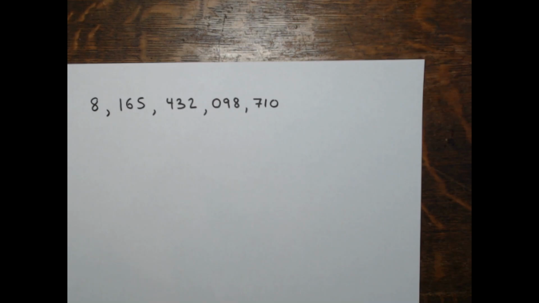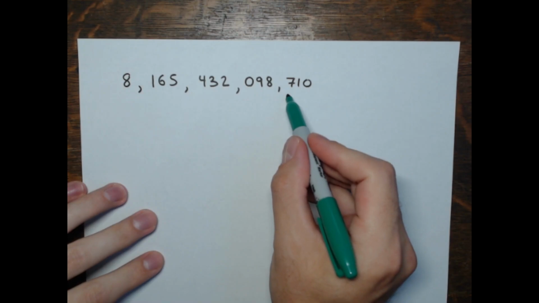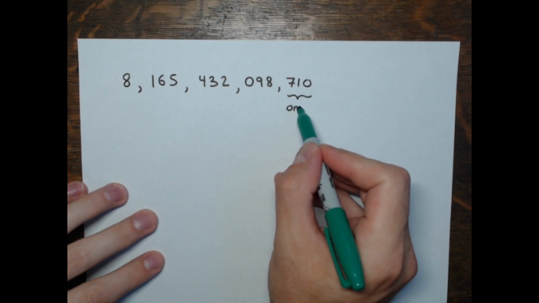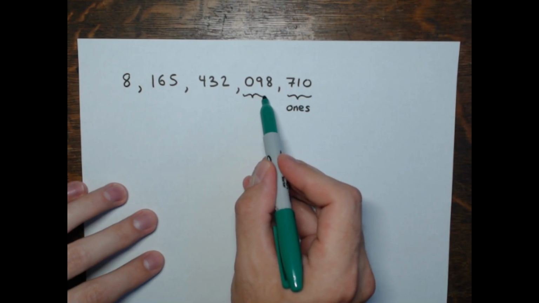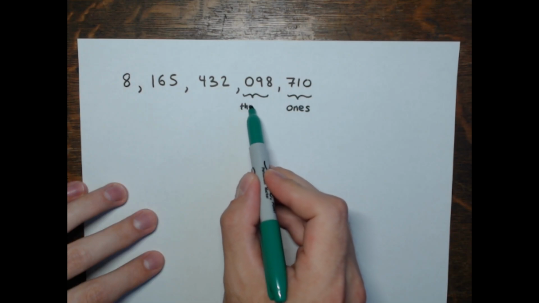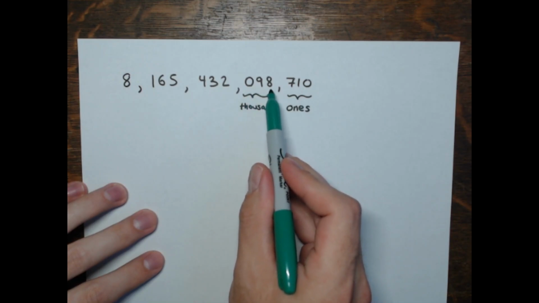So once again, remember the periods. The lowest period, so the far right, that's the ones. Then you had your thousands period, the next three digits.